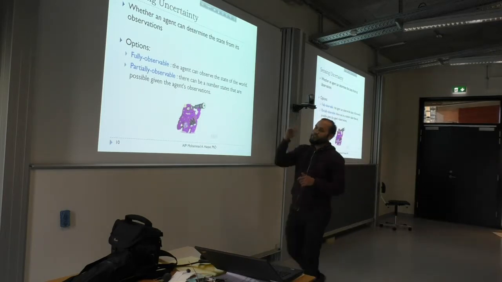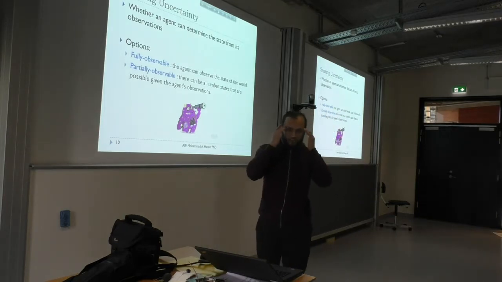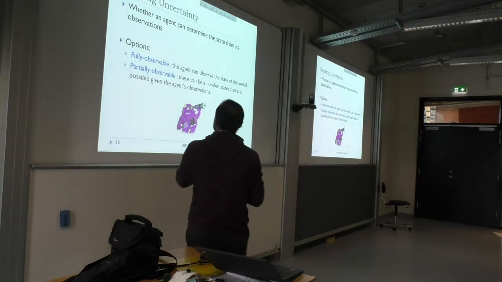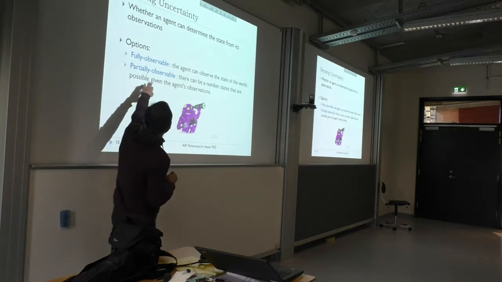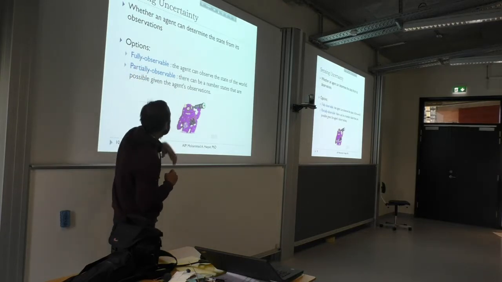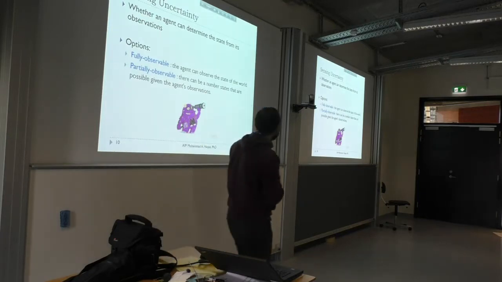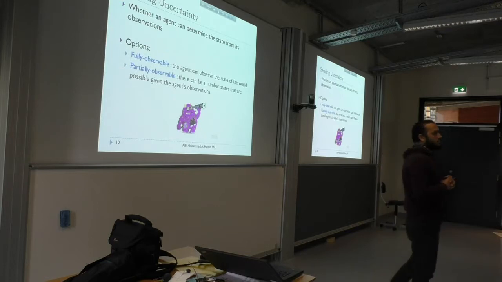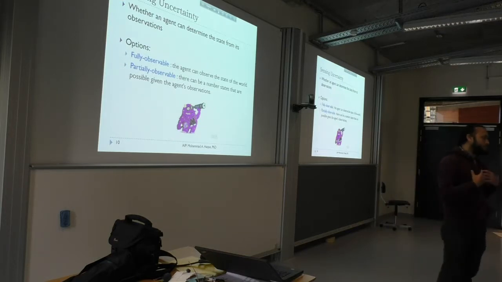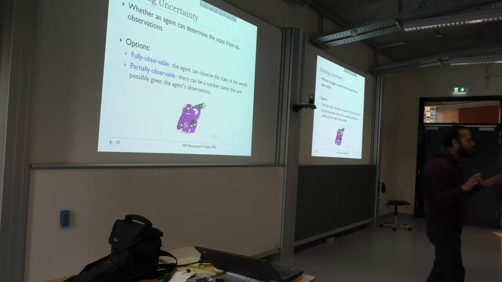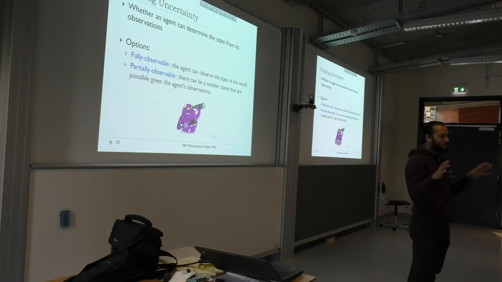So anyway, sensing uncertainty, we talked about deterministic and stochastic matters, and now you see when you have uncertainty, then there are two options available. One is fully observable, another one is partially observable. So theoretically, maybe it is possible for a teaching agent that he can predict all the single steps here, or he can understand how many steps can occur here.